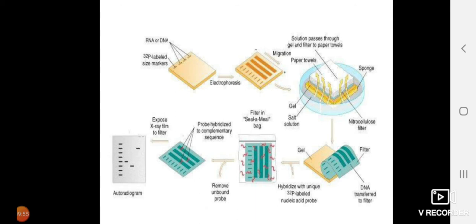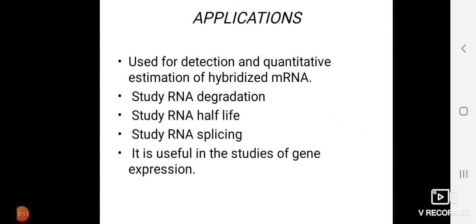Excess probes are going to be removed, all the unbound are going to be removed, and the hybridized ones are going to be subjected to autoradiography, which will determine where exactly the hybridization takes place. Application wise, it is used in the detection and quantitative estimation of hybridized mRNAs, study of RNA degradation, RNA half-life, RNA splicing, and even useful in the study of gene expression.